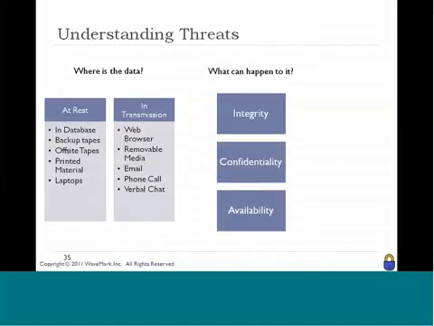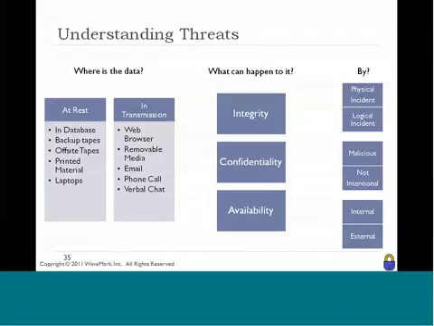Next, we go back to our definition of security and ask, how will the integrity of this data be compromised? How will its confidentiality be compromised? And how will its availability be compromised? And by what threats? Threats can come in various forms. You can have physical threats as well as logical threats.